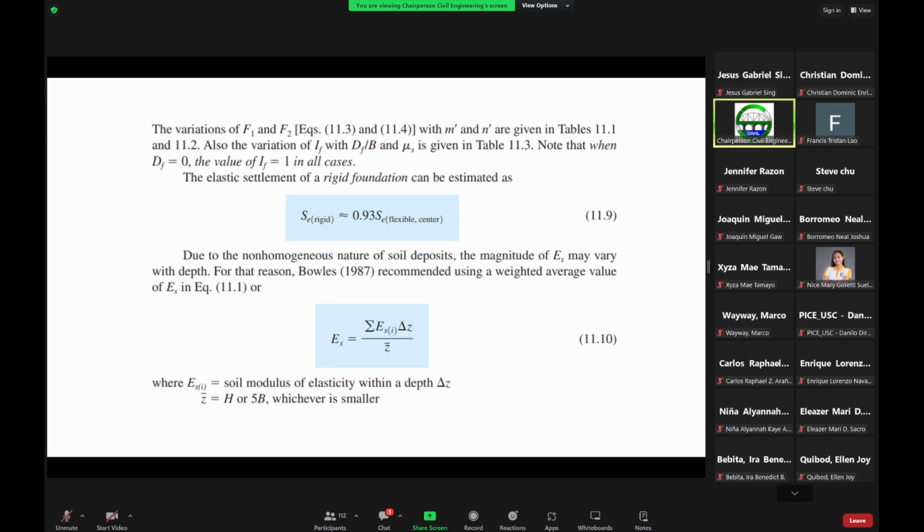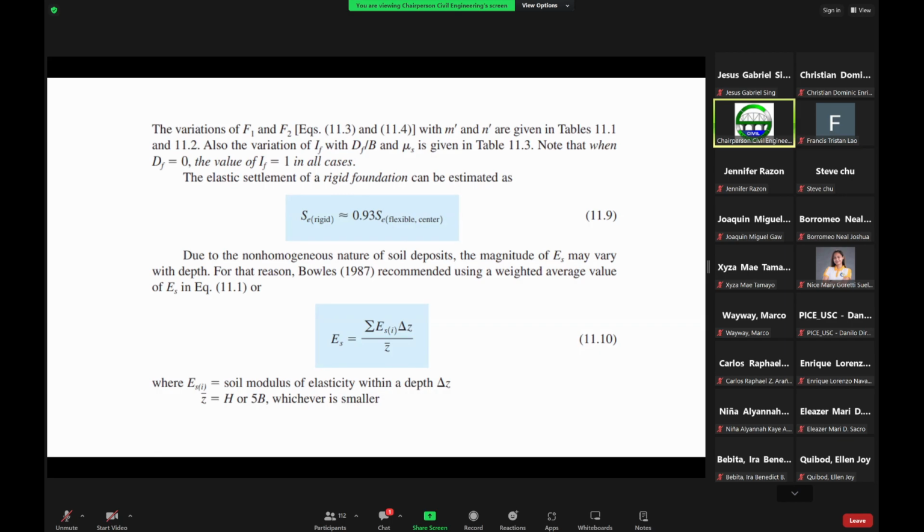But for overhead transmission line structures, for example, the transmission towers distributing power for the National Grid Corporation of the Philippines, or the NGCP, the embedment depths we normally encounter are about 3 to 5 meters.